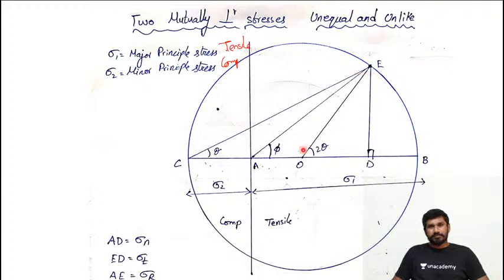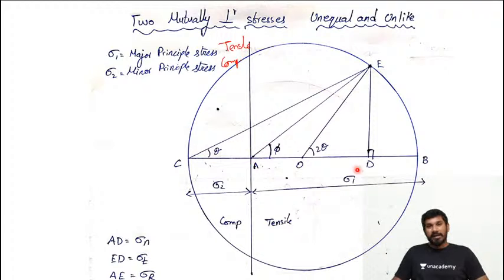Now, for the distance CB, find the center point, which is O. And from O, draw a line that should touch the Mohr circle. Again I'm repeating from the first.